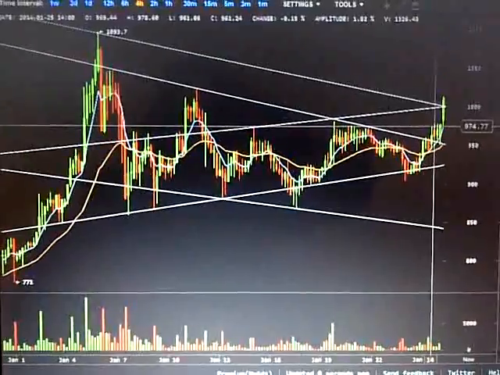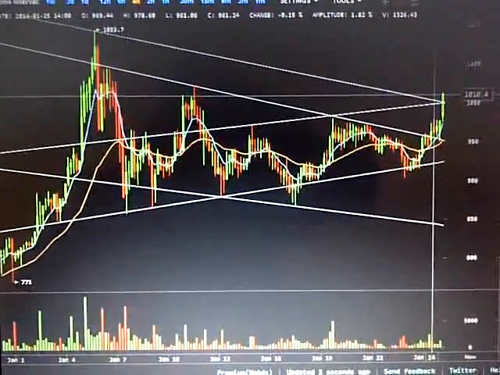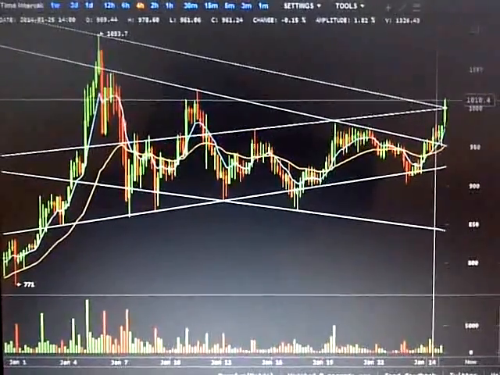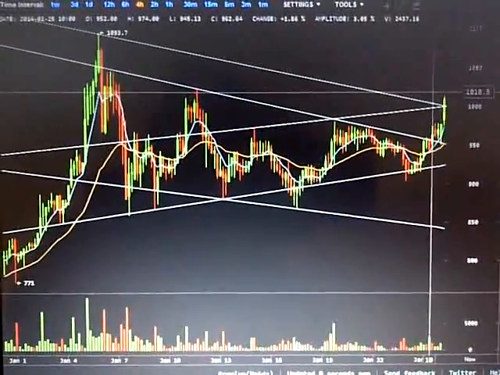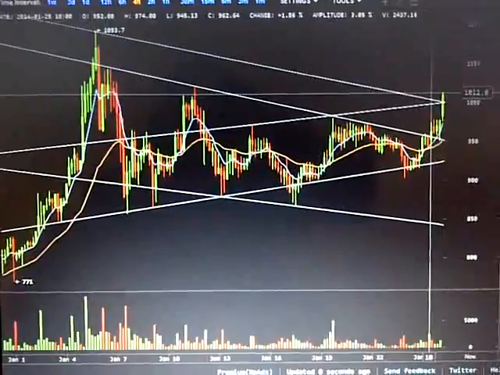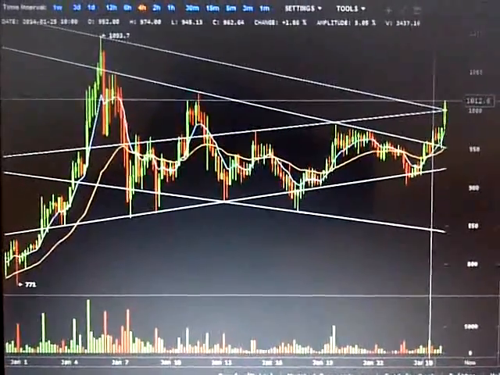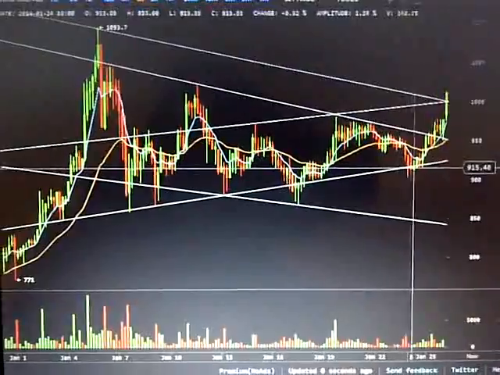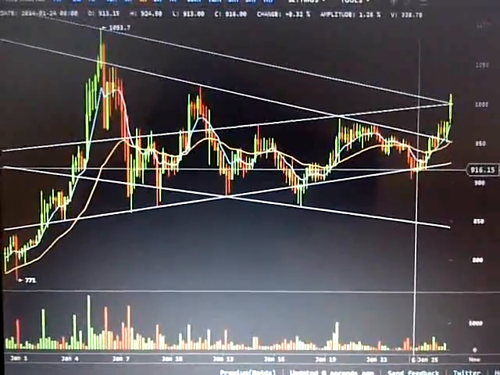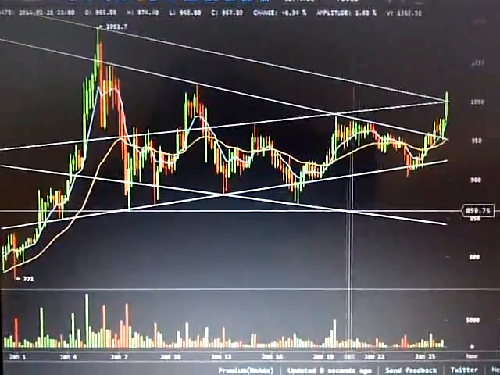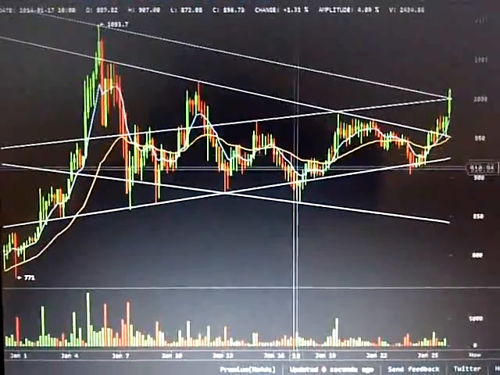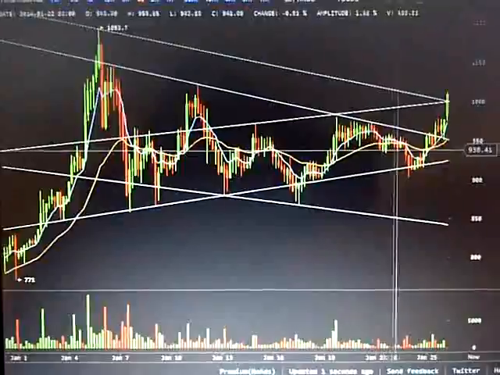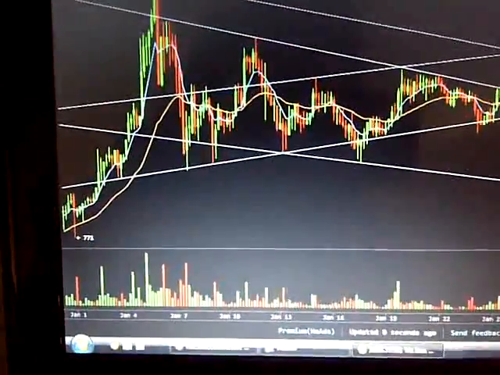But now that it's up, we're going to have to draw some new lines and figure out what all is going to be needed after this. So hopefully some of you made some really good buys right around here before it bounced back up. But remember, I've been making these lines for a while now, and you've been watching me. And look how they really correlate. Let me move on to 15 here.